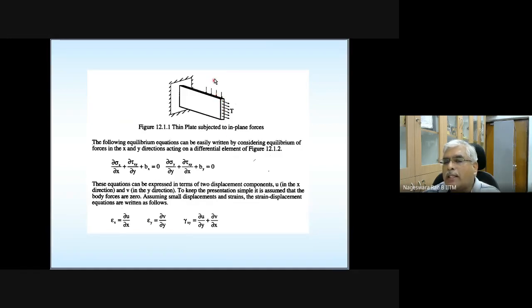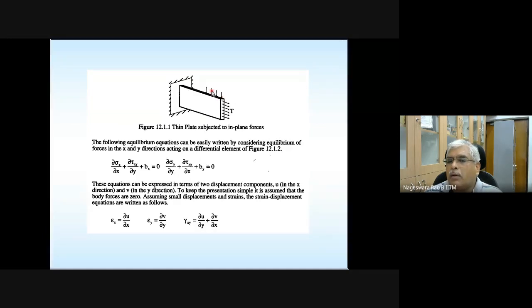Loads are applied in the plane consisting of these two major dimensions, length and width.